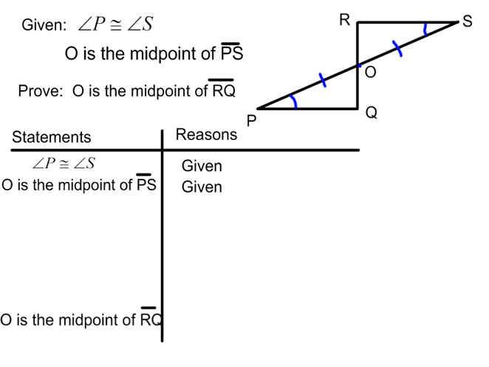As soon as I label this in the picture, I have to write it in the proof. So segment PO is congruent to segment SO, and the reason for this is the definition of midpoint, because the definition of the midpoint is the point which divides the segment into two congruent segments, and this is exactly what we have.